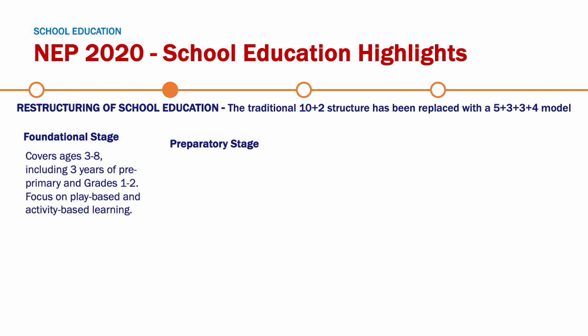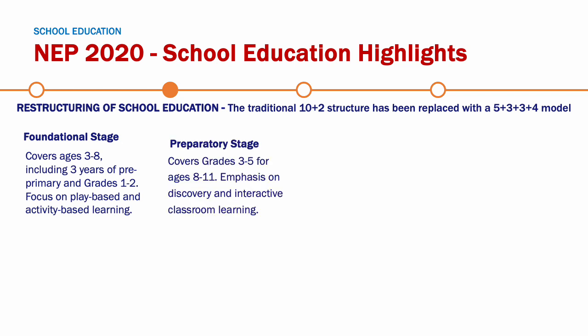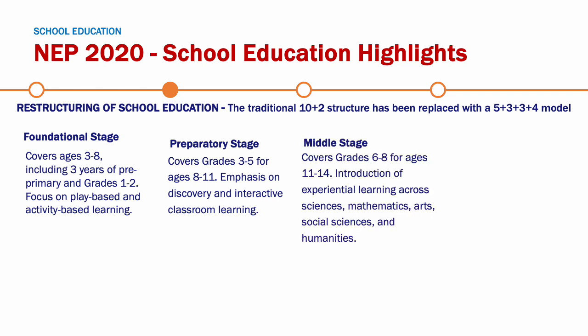The next stage is the preparatory stage, which covers grades 3 to 5 and is for age groups of 8 to 11. The emphasis is on discovery and interactive classroom learning. The next stage is the middle stage, which covers grades of 6 to 8 and is for age groups 11 to 14.